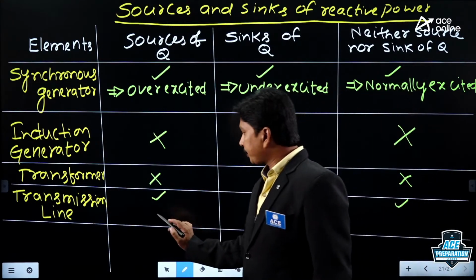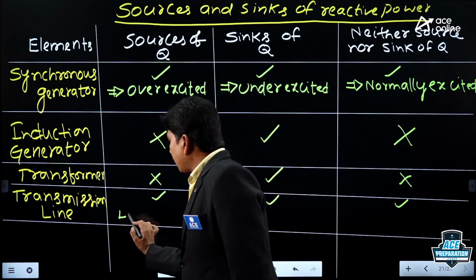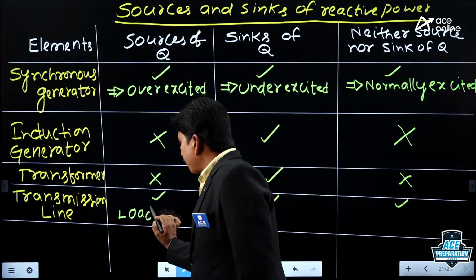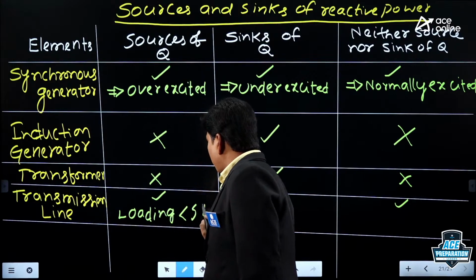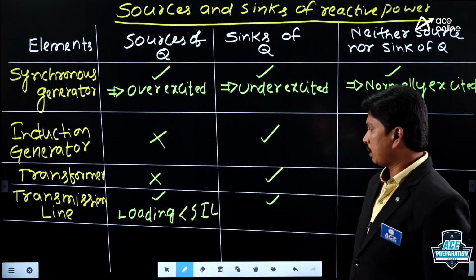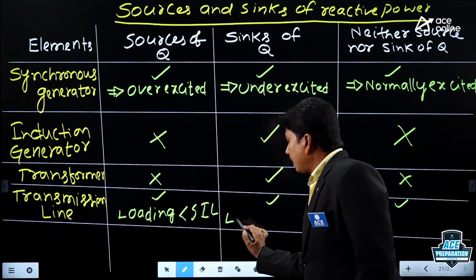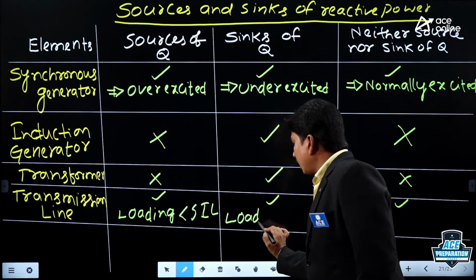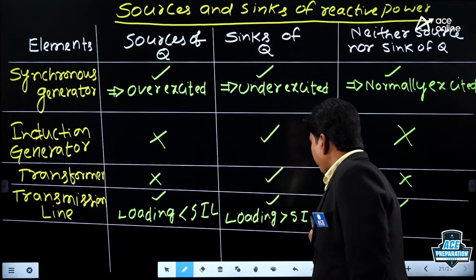Please check here, students. It is going to be a source of reactive power whenever the loading on the line is less than the surge impedance loading. And it may be a sink of reactive power whenever the loading on the line is more than the surge impedance loading.